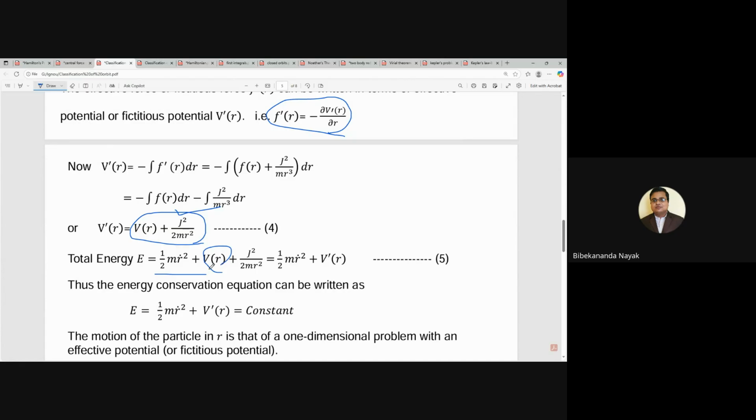Kinetic energy has two terms, half m r dot square and half m r square theta dot square, so this is nothing but half m r dot square plus V prime r. So in central force motion, the body is moving with the same kinetic energy plus the effective potential, meaning some effective force acts on it. This is the effective force, this is the effective potential.